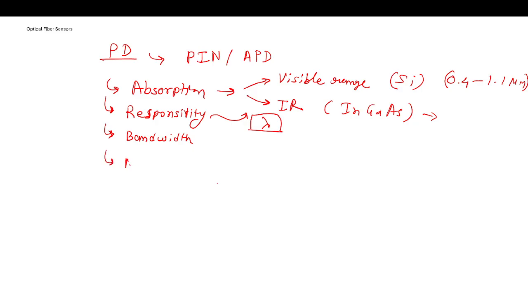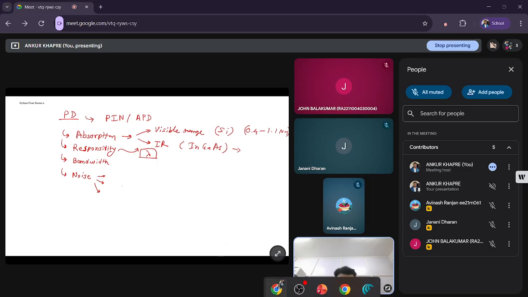The third thing is noise. There will be so many types of noise. What are the noises? Can you tell me? You guys engage in the discussion. It will be very important for you. You will understand more and remember it for a long time.